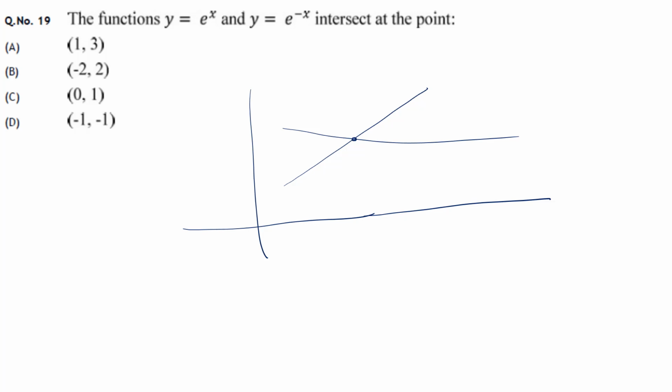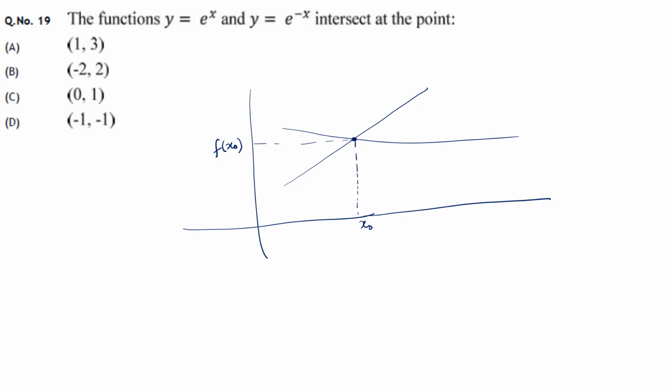So the coordinates will be the same, and that will be valid for both curves. Suppose here we take x as x naught, so it will be f of x naught. Okay, so these two will be the same.